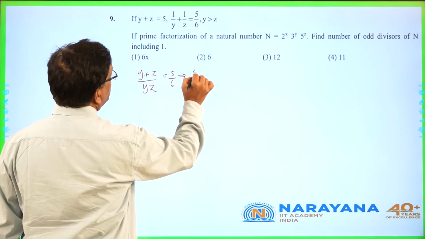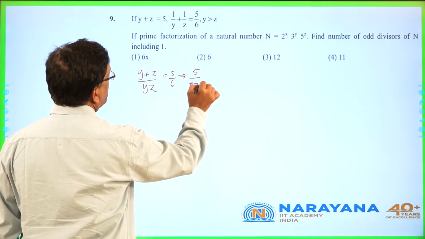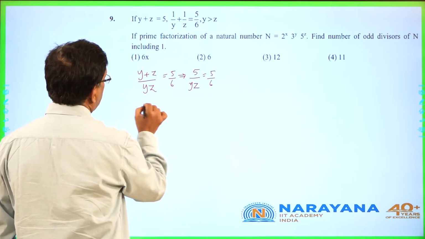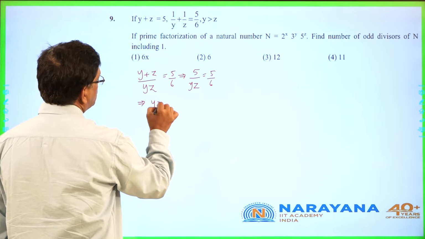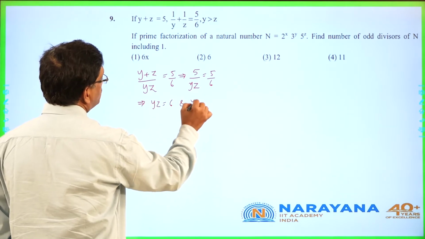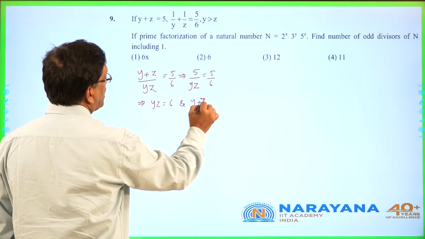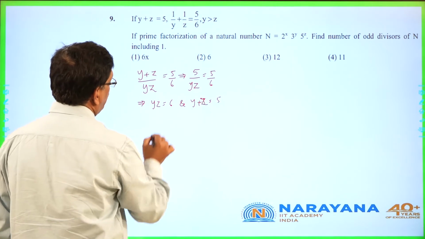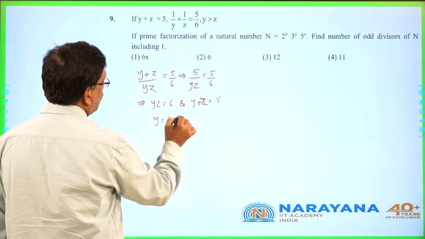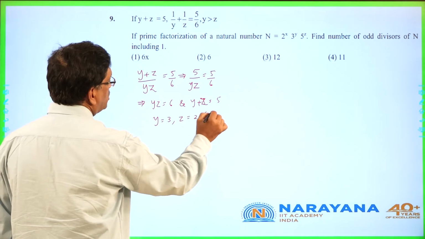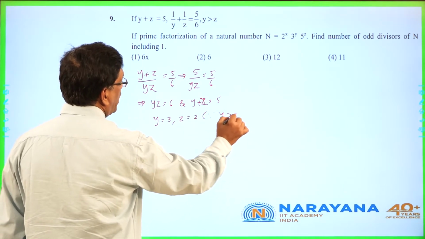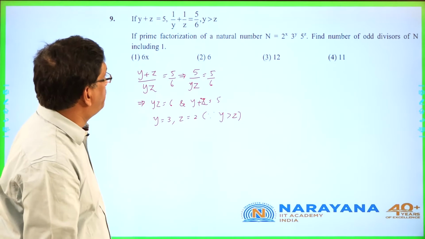Since y plus z is given as 5, 5 by yz equal to 5 by 6 implies yz equals 6 and y plus z equal to 5. That implies y equals 3, z equals 2, since y is greater than z. Remember.